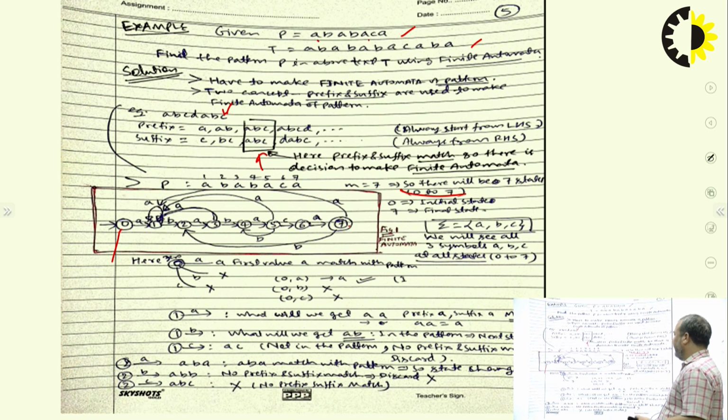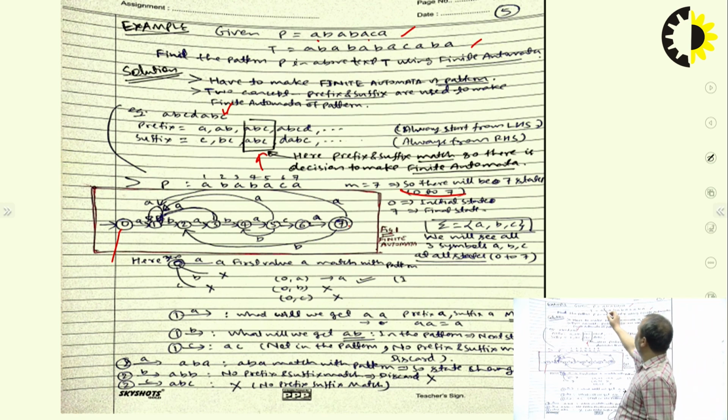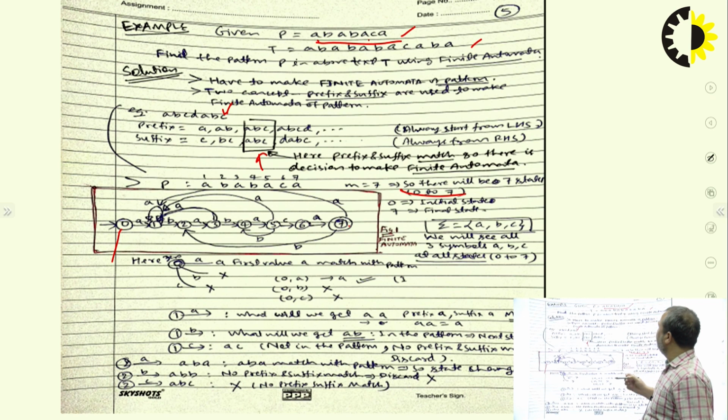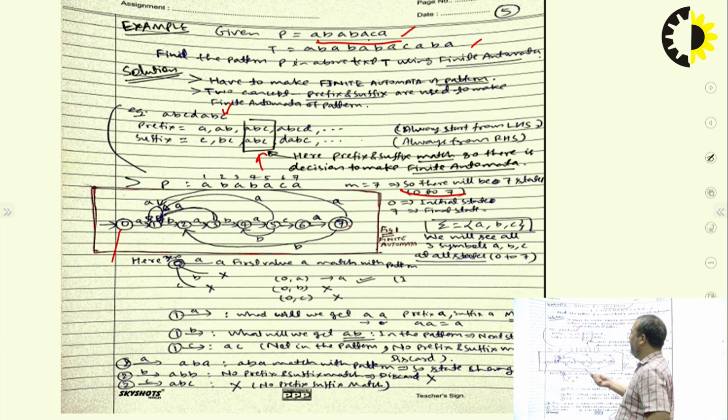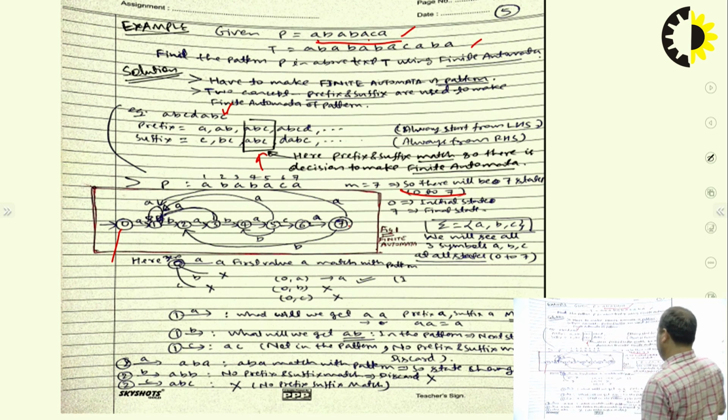We have to see the pattern: if the string matches in this finite automaton, then we make a new state. Like from 0, the string is A, so it reaches the next state 1. Similarly, putting B from 1, we reach AB.